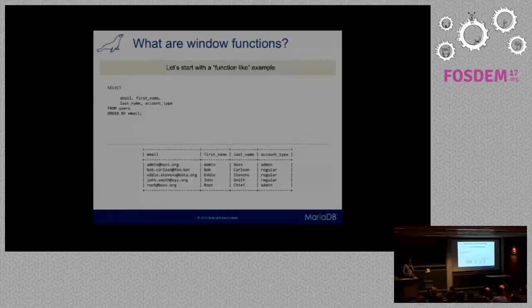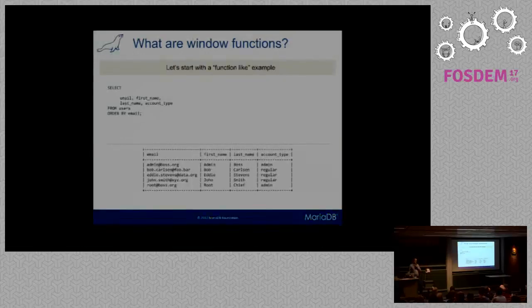Let's start with a simple example. So let's say we have this table which represents a set of users, right? We have email, first name, last name, and we also specify what kind of a user it is. In this case, either admins or regular users.